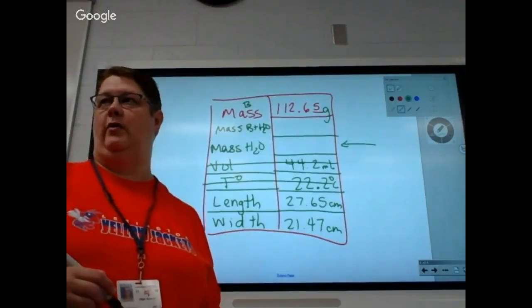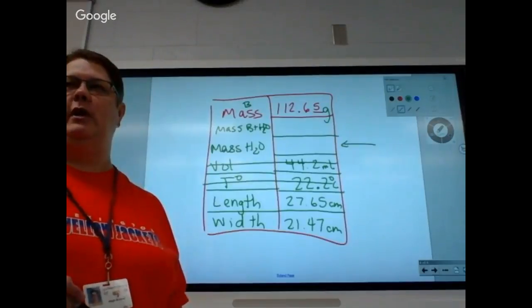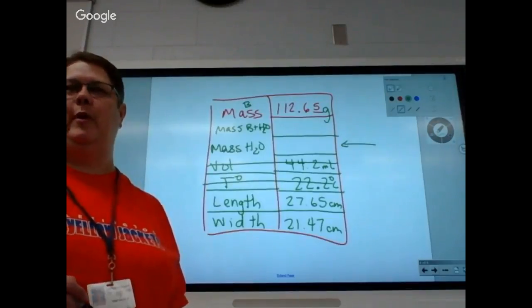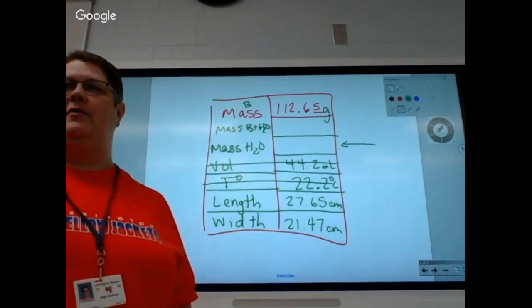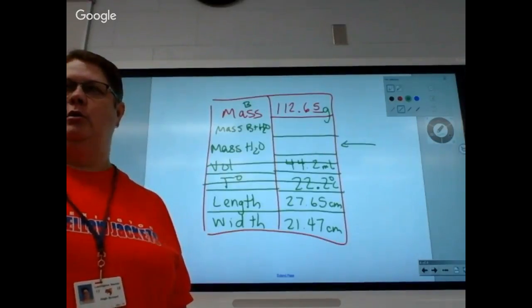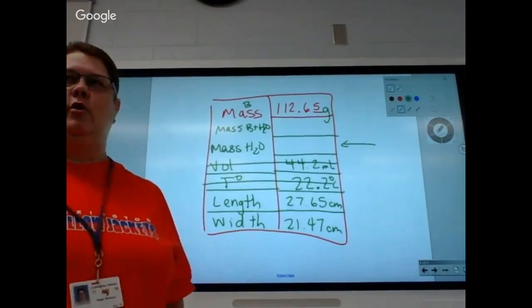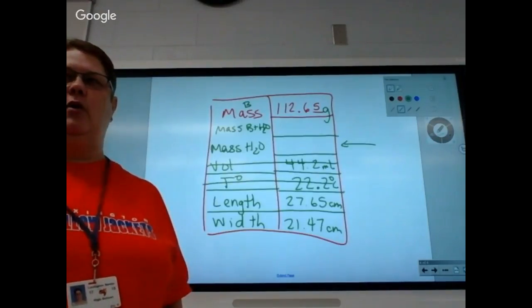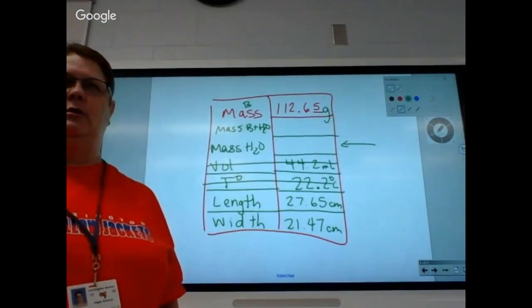So when you go out there to use the equipment here in a couple minutes, how many places do you need behind the decimal on your triple beam balance? 2. How many places do you need behind the decimal on your ruler? 2. How many was that again? 2. So when you're writing down your measurements, if you don't have 2, what am I going to do on the lab sheet?